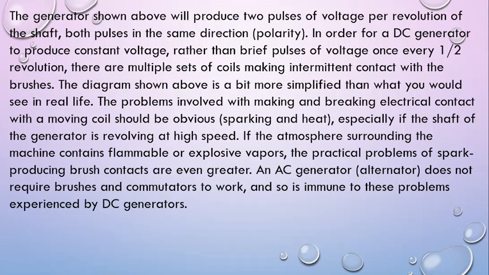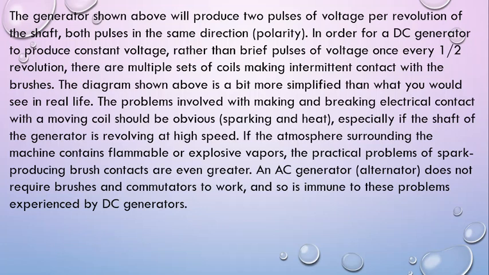In order for a DC generator to produce constant voltage rather than brief pulses of voltage once every half revolution, there are multiple sets of coils making contact with the brushes. The diagram shown above is a bit more simplified than what you would see in real life.